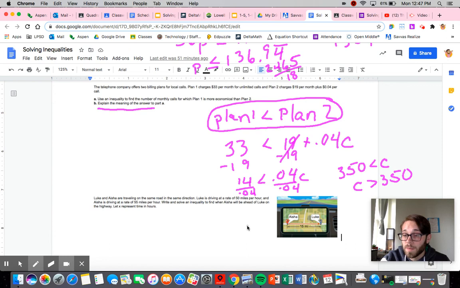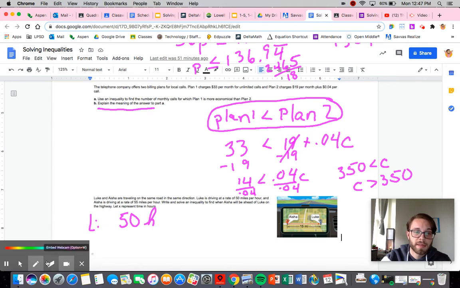So basically here, we are dealing with a scenario where Luke is going at 50 miles per hour. So here's my Luke. He's going 50 miles per hour for an amount of hours. Oh, we're letting X be the number of hours.